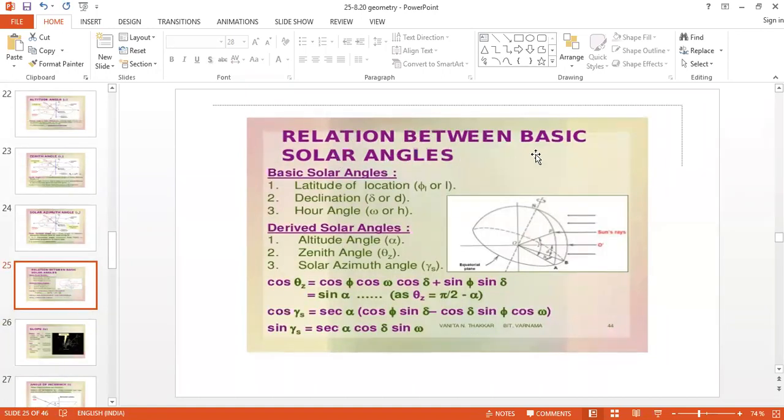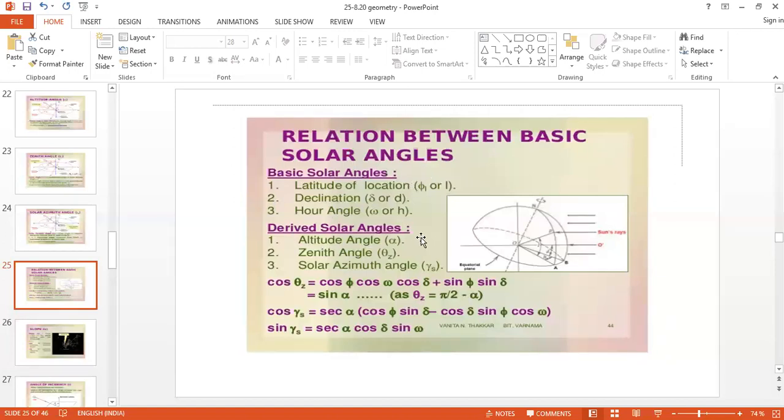And the relation between basic solar angles. There are three types of basic solar angles. They are the latitude of location, that is phi or L, the declination, that is delta or small d, and the hour angle omega or h. Already in last classes we have discussed.